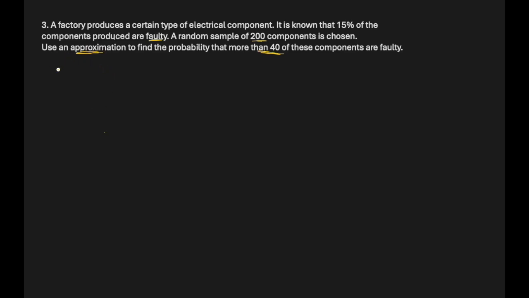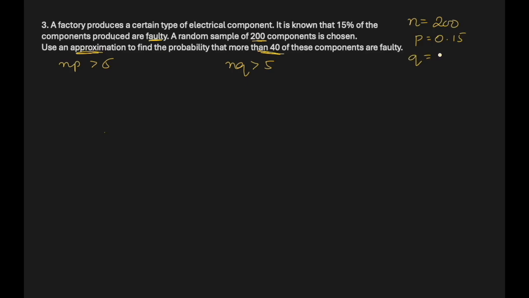Before we approximate, we'll have to check whether np is greater than 5 or not, and nq is greater than 5 or not. So what is n and what is p? n is the total number of selections, which is 200 in this case. p is the probability of success, which is 15%. So in decimals, it is 0.15.